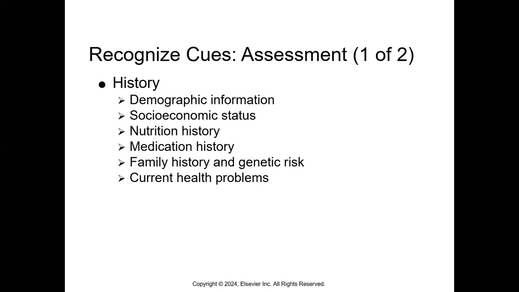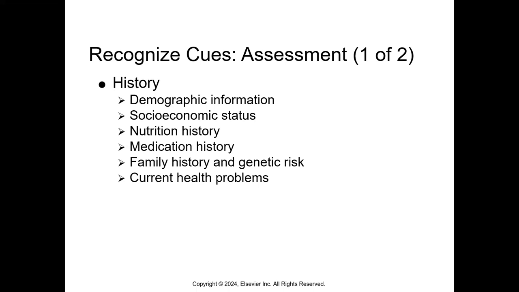So big things to look at is going to be demographic information on your patient, looking at socioeconomic status. That's going to include things like, do they have insurance for doctors in the area? Do they have transportation to these appointments?